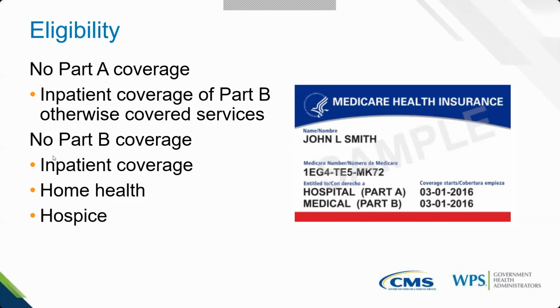Now, Part B is something that is always premium-based coverage, and Part B is the service benefit category. So remember, it does cover certain things, and it can be inpatient care when they don't have Part A. So yes, we will actually cover under Part B. It will not cover the inpatient care though. What it covers is services that they would otherwise be eligible for if they were not inpatient.